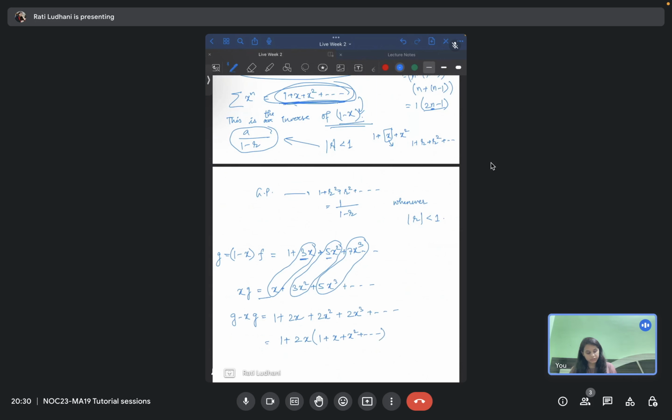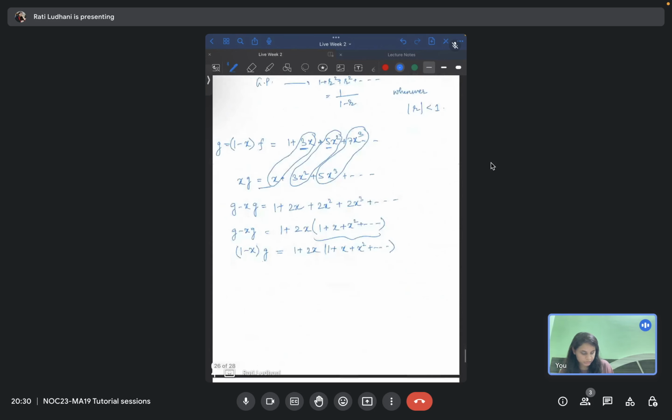So that was exactly what I was doing. You can write 1 minus x into g. This is 1 plus 2x. Now this element, you know what is the inverse of this element. Also, now what is g? Sorry, not g, this is f.